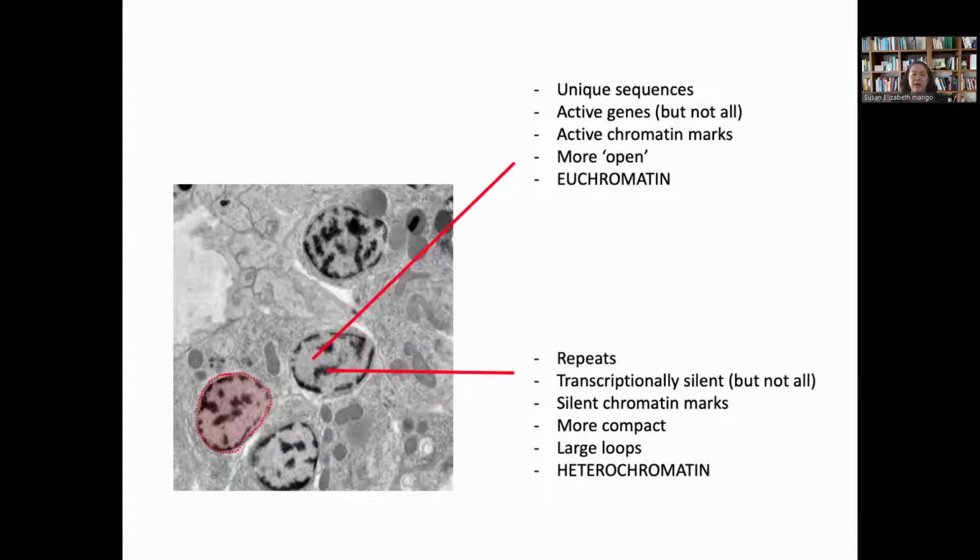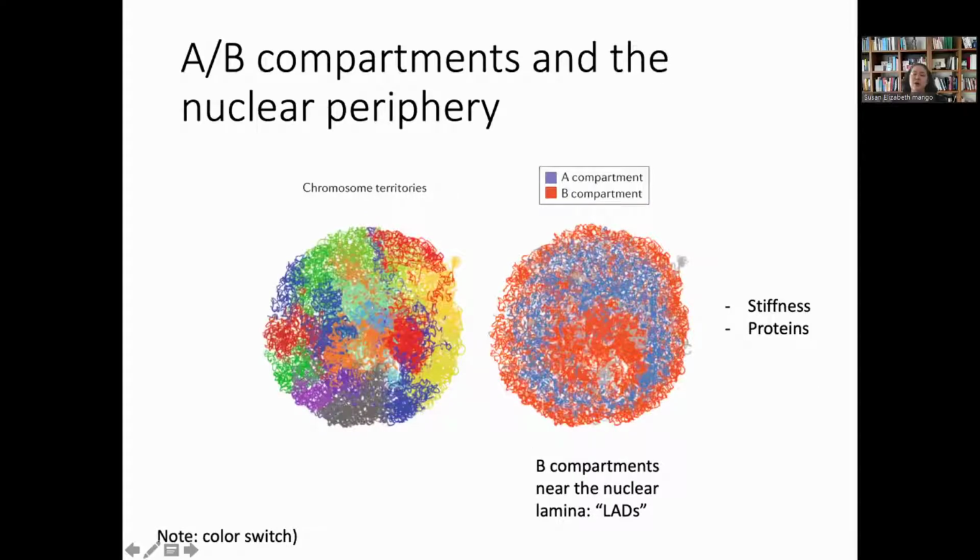Now, the other aspect of these regions of DNA, and you can see it a little bit here in this section, is that they go to different parts of the nucleus. And in particular, these B compartments, the orange here, tend to associate with the nuclear lamina and the nucleolus. So they form something called LADs. You don't have to remember that, but it's basically the lamina-associated sequences.